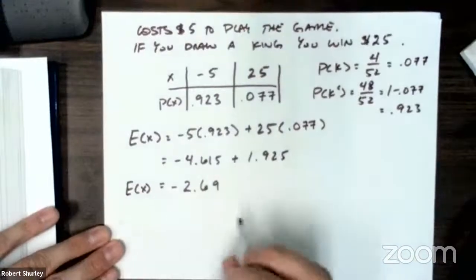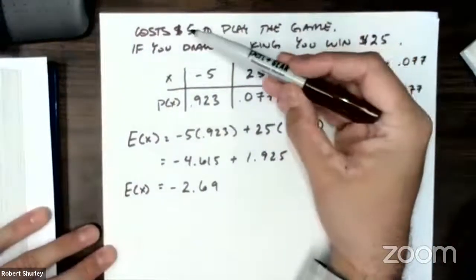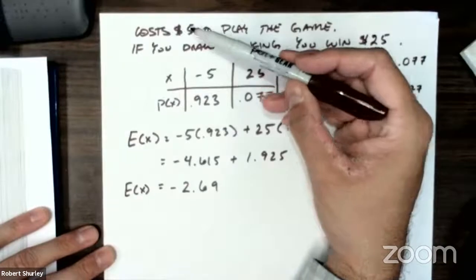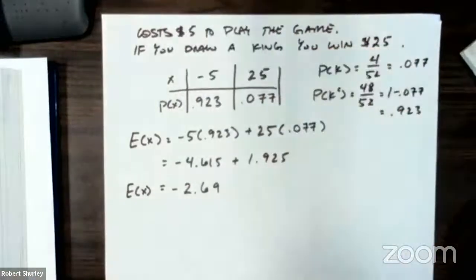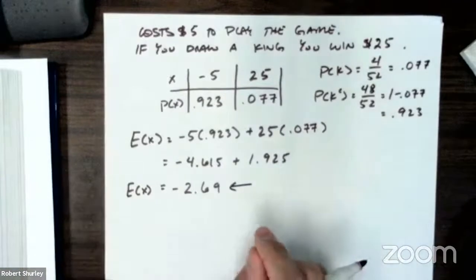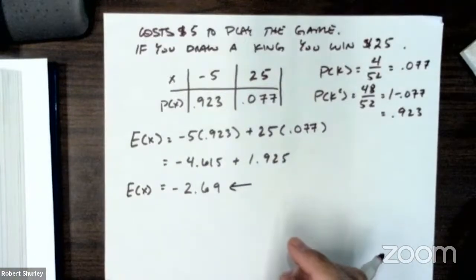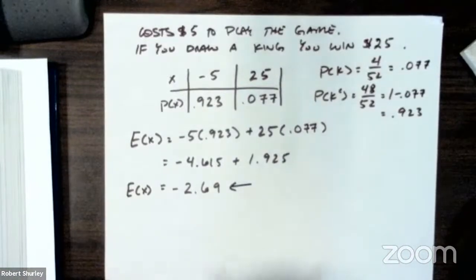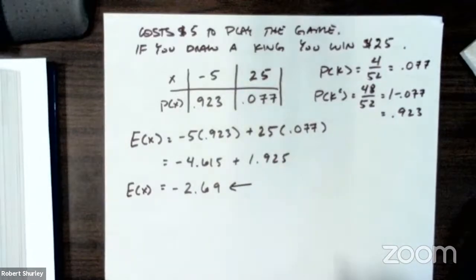Now, I know we can only lose $5 max each time we play, but we lose $5, lose $5, eventually we're going to win 25, then we'll lose 5, lose 5. On average, if we do this say 2,000 times, and you average those all out, it'll be very close to losing $2.69 every single time. So it's not worth playing at all.